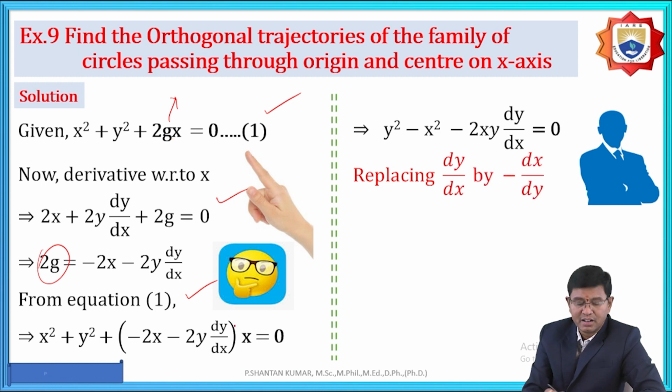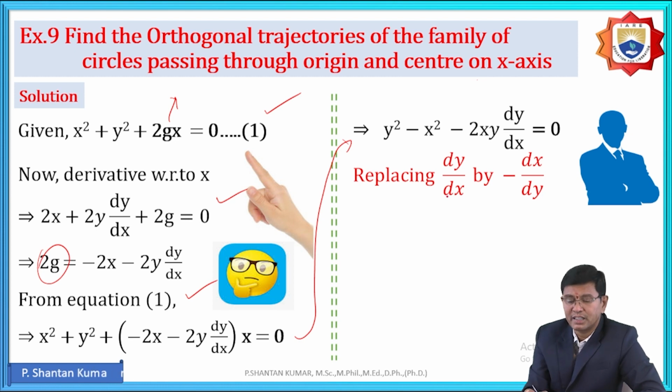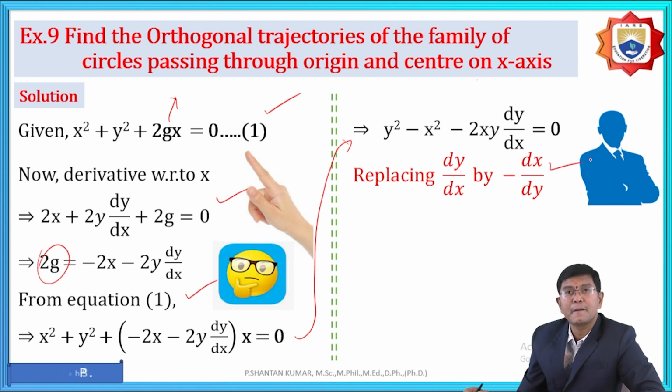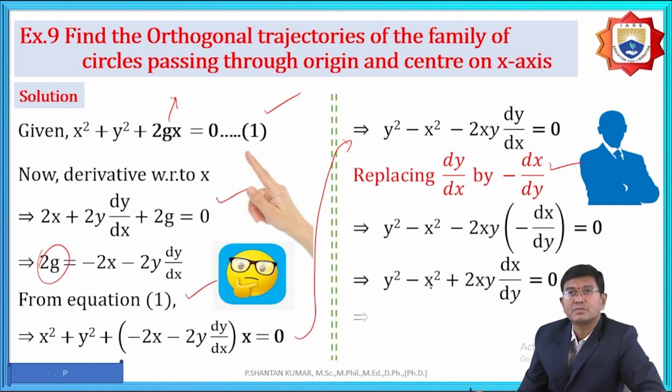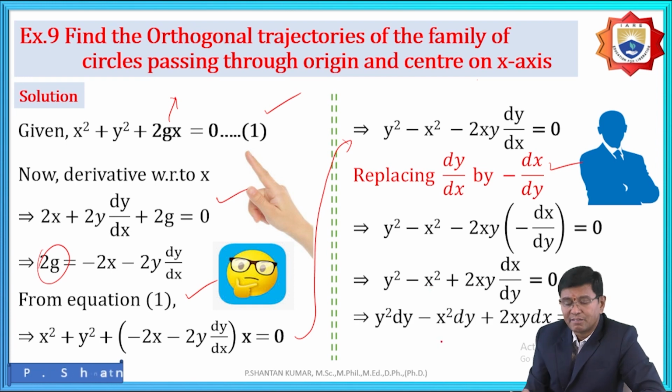After getting this, there is no need to solve that, because for the orthogonal trajectory the function is replaced by dy by dx with minus dx by dy. And now we need to solve the equation. Here, after separating one by one, it is division with conditions.